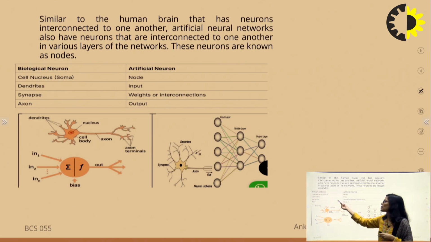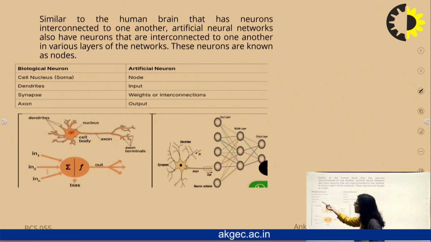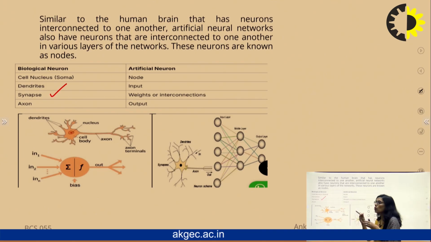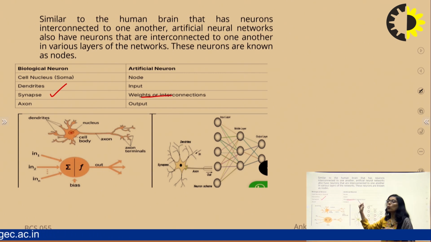So that is represented by weights or interconnections, and the axon is your output, by which the neuron is giving you the output, right? Whenever two neurons are connecting with each other, there is a transmission of signals, which is called a synapse. So we can say the two neurons can connect based on whatever signals I have, and corresponding to that, we have some weights.